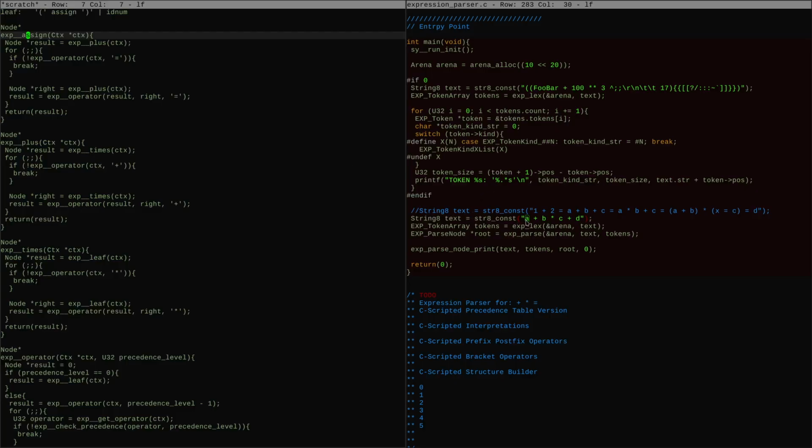Then it goes, okay, I need to parse a plus, I need to parse a times, I need to parse a leaf. Then it finds the A, comes back with the A, and it goes, can I parse a times? No, return. Can I parse a plus? Yes.